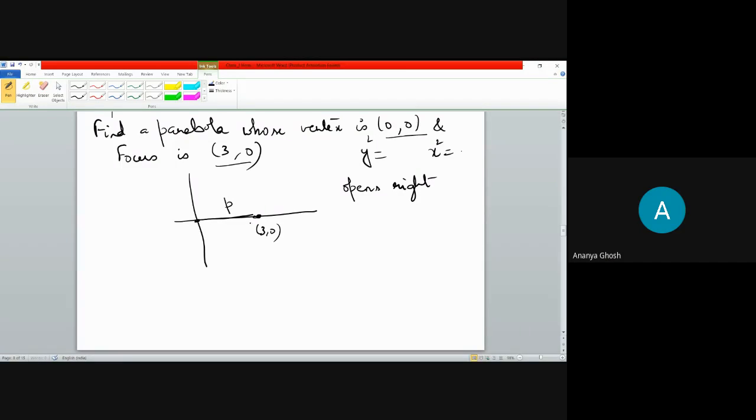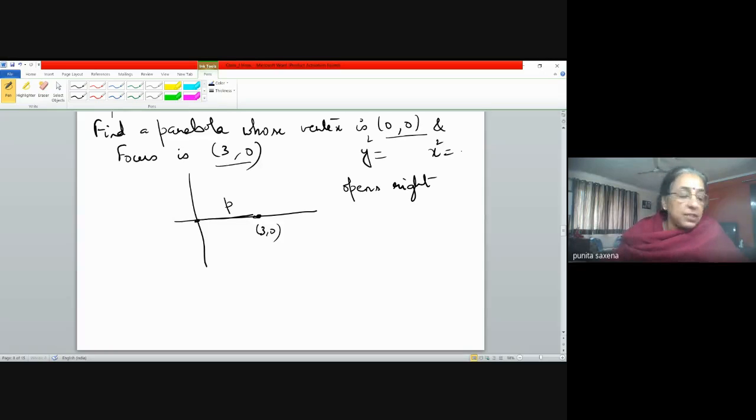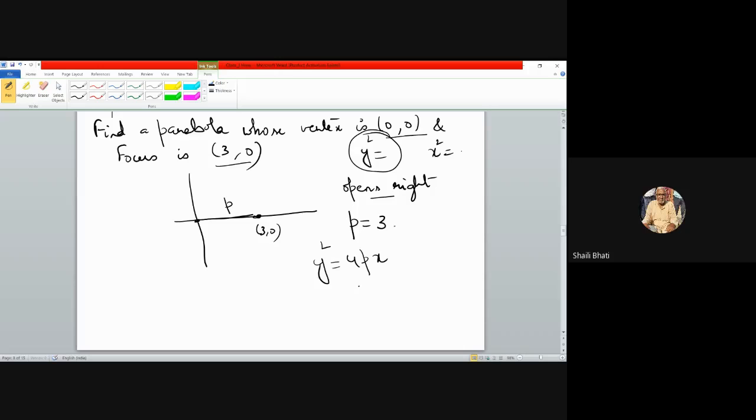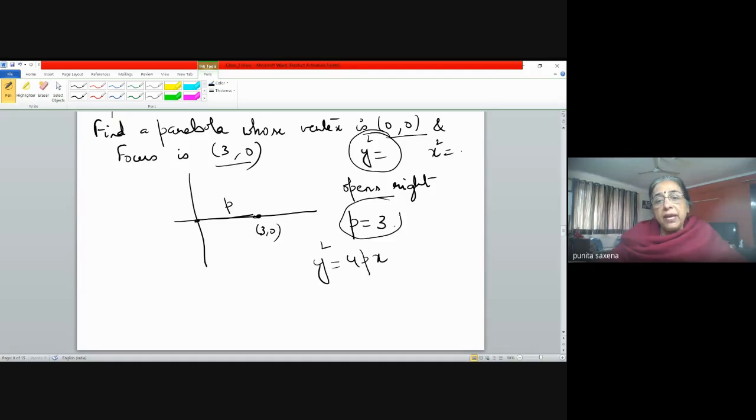P. ठीक है ना, अभी हमने जैसे स्केच किया तो भी तो यही आया, तो इसका मतलब क्या हुआ, my P is 3, and if my parabola opens right, that means my equation is going to be y square equal to 4px. Yes, ma'am. Right? And if I have identified my P as 3, that means my parabola is y square equal to 12x.